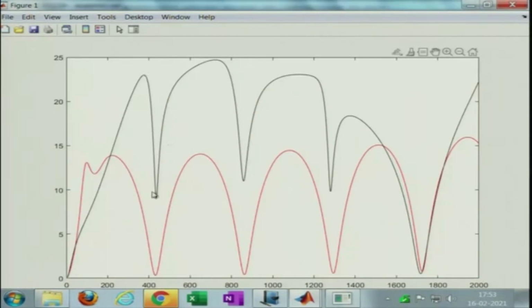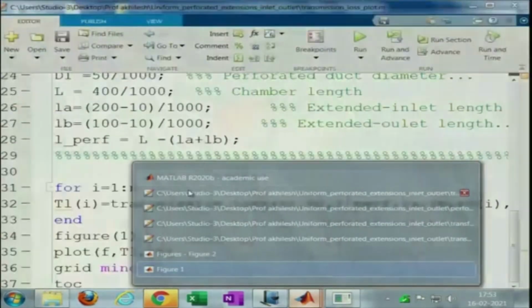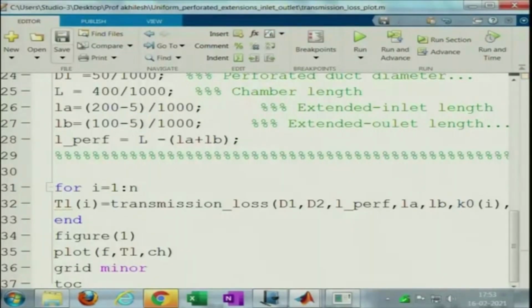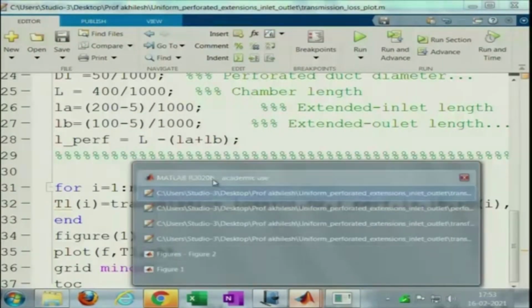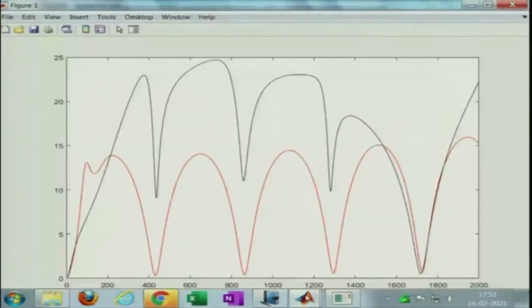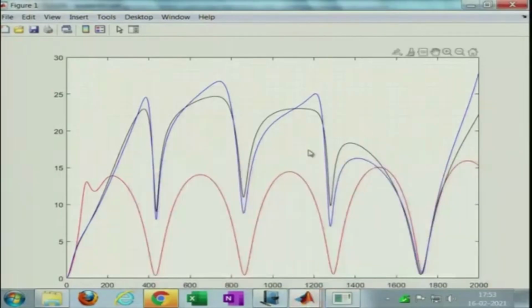So, the peak is tending to this value, but what happens if we choose another value? Let us say we choose 5, okay, and see what we are tending to get.